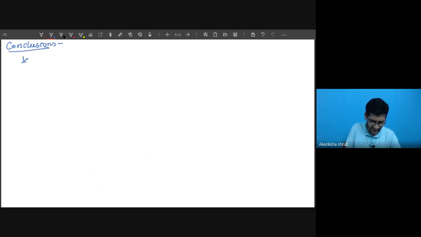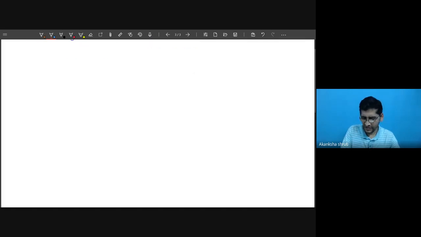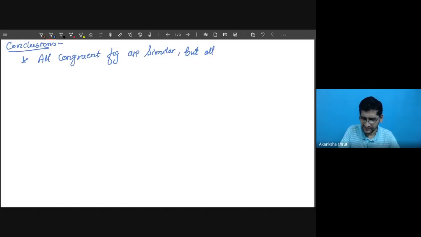Very first, all congruent figures are similar, but reverse is not true. But all similar need not be congruent. Whatever we have written earlier.